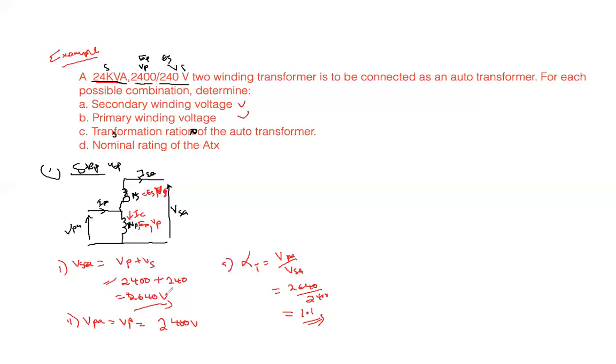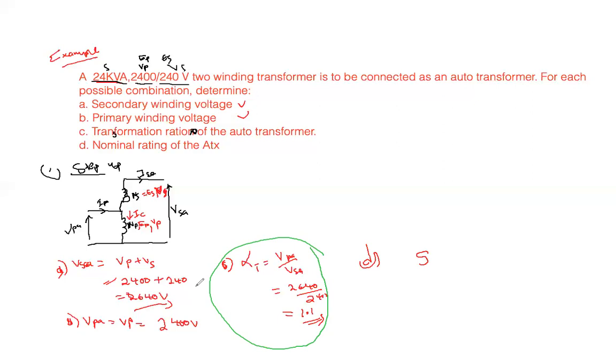That's C. So this was A, this was B, this one is C. And D, the nominal rating of the autotransformer. The rating, we are talking about the apparent power. Something that is amazing with autotransformers, you should know, especially when you're talking about the transformation ratio: for autotransformers, we don't have the same transformation ratios for all the combinations.